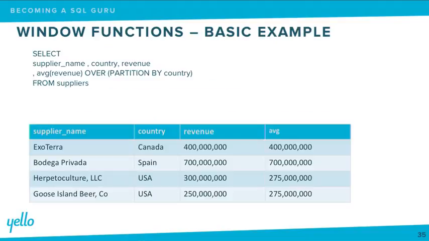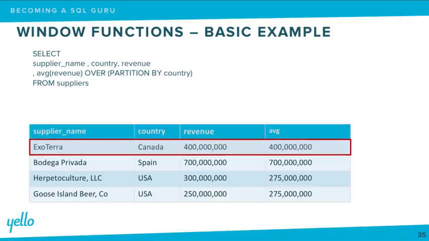All right. We're going to start with a really basic example. Let's say I want to display my supplier, my country, the revenue for that supplier, but also the average revenue across all suppliers within that country. In this case, you can see that I've specified a partition by country, and when it shows my results, for the records where there are no other suppliers within the country, we obviously have the average matching our revenue.